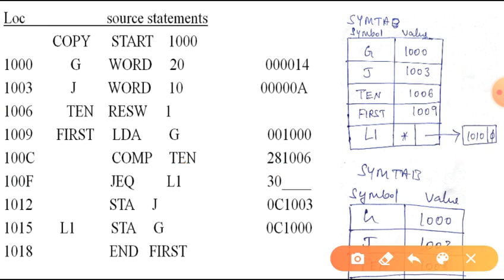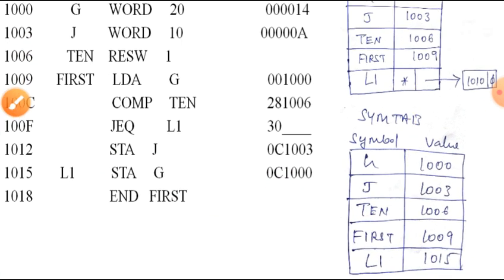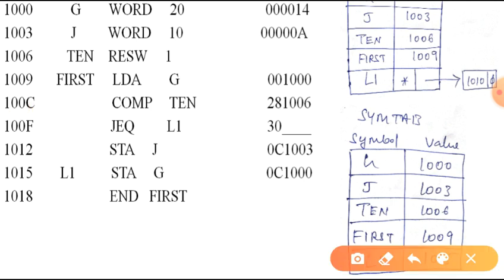It continues with the next line as usual, and again in this line it finds that L1 is defined here, and it makes a change in the symbol table entry. You can see in the symbol table it changes the undefined indication to 1015.